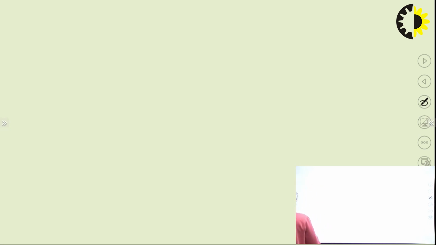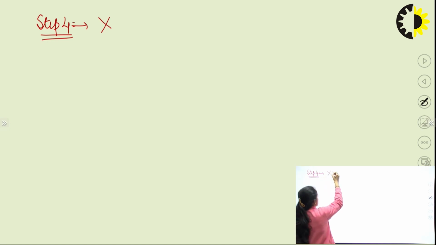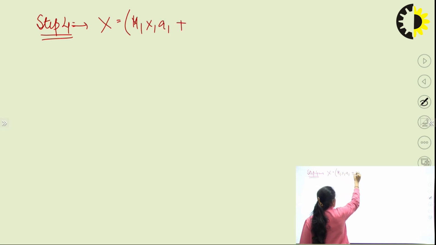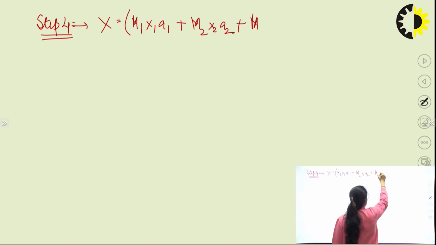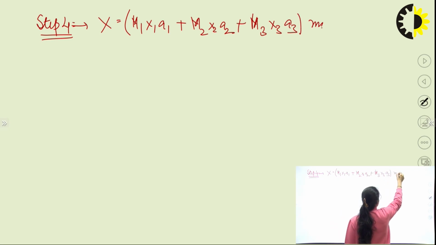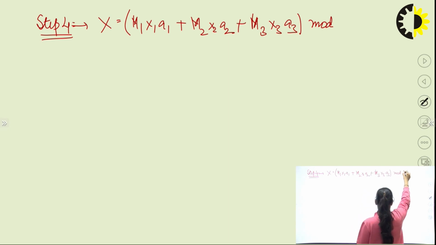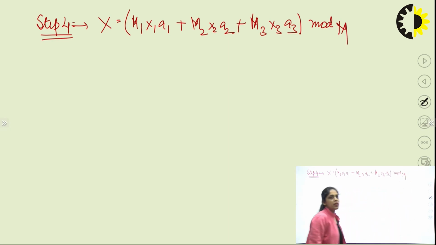Now in our step 4, we will find out the value of capital X in such a way that m1 x1 a1 plus m2 x2 a2 plus m3 x3 a3 mod M will give you the final value of x, which we are calculating.